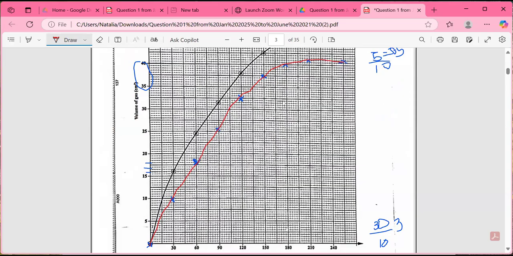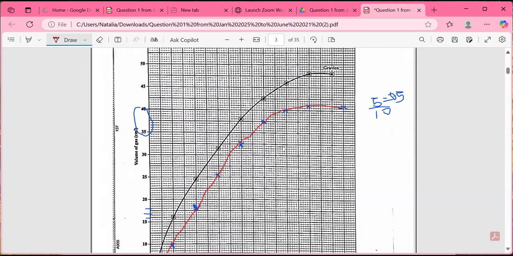All right, so both of them produce carbon dioxide. Both of them end at the same point in time, because here the Gravasio ends at 47, sorry.